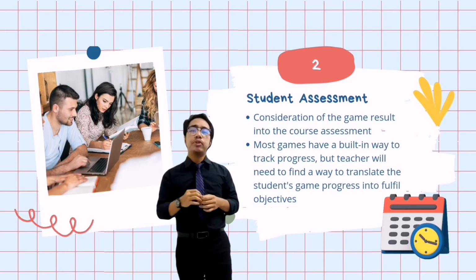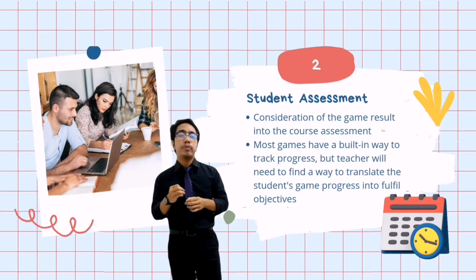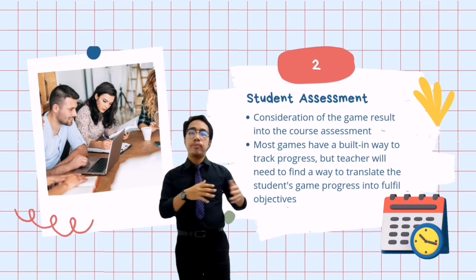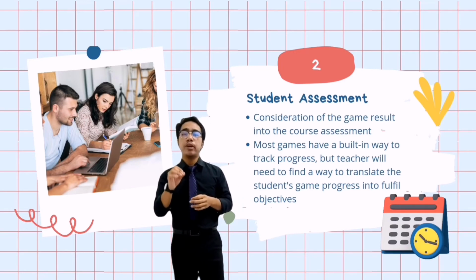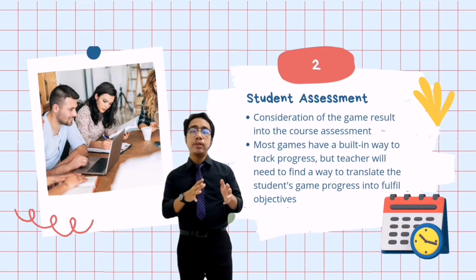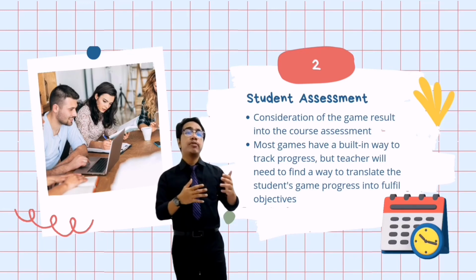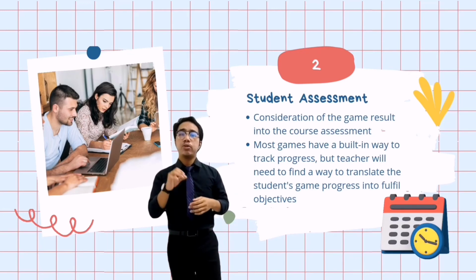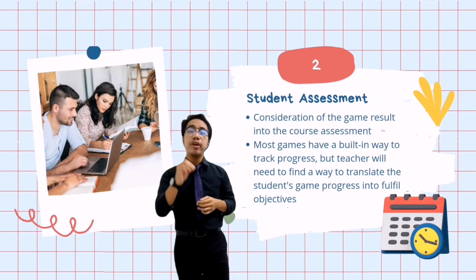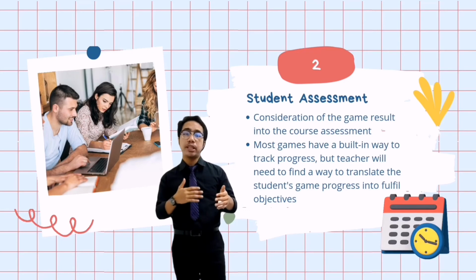When choosing a game, it's often not clear how the result of the game will tie into the student assessment. While most games have a built-in way to track progress, teachers will need to find a way to translate the student's game progress into fulfilling the objectives of the class. It's not always easy to find a good fit between the games on the market and your course material.